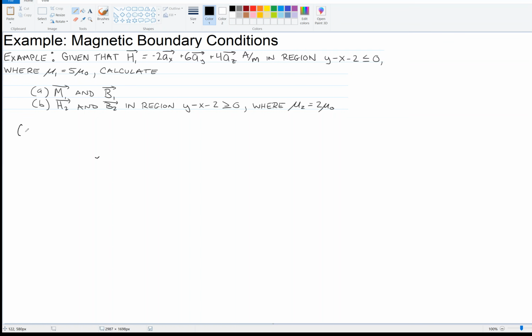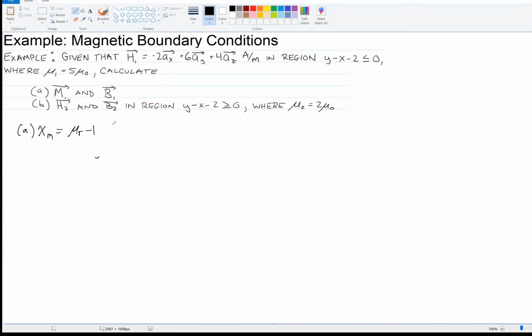So for part A, we know that the relative permeability is 5, right? And we're looking for the magnetization, so we need the magnetic susceptibility first. Okay, and we know that that is related to the relative permeability by this guy here.